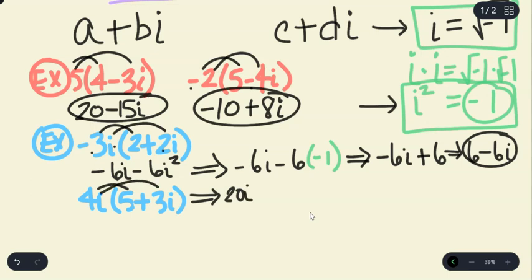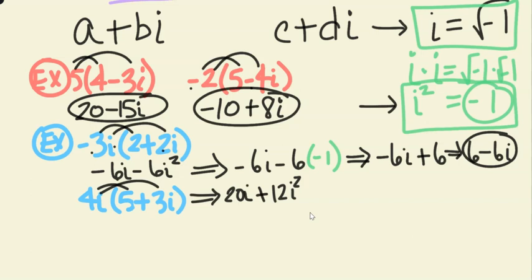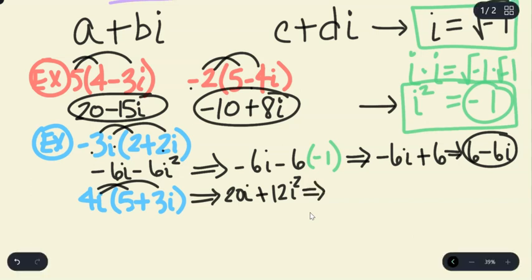And then I have 4i times 3i, which gives me 12i squared. And 12i squared, what can we plug in for i squared? Well, now I have 20i plus 12 times i squared, which is -1. So that gives me 20i minus 12.